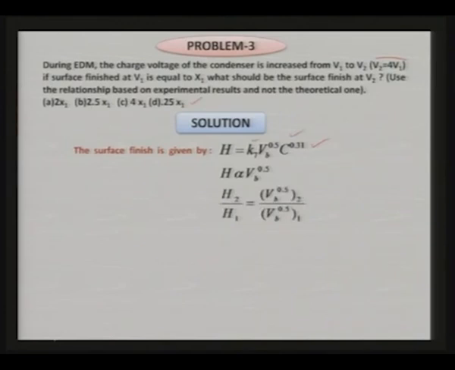Then we can write that H2, that is the CLA value in the second case, with supply voltage V2, and H1 with the supply voltage V1, becomes Vv2 raised to power 0.5 divided by Vv1 raised to power 0.5, and we know H1, that is the surface finish in the first case, is x1, that is already given over here in the problem. So, we get, if you substitute the value, Vv2 is equal to 4 multiplied by Vv1.